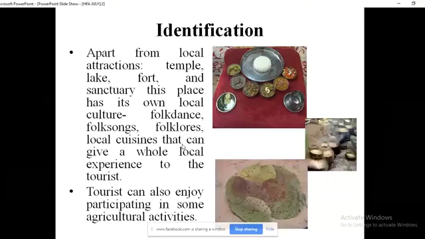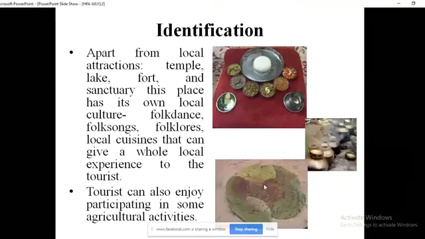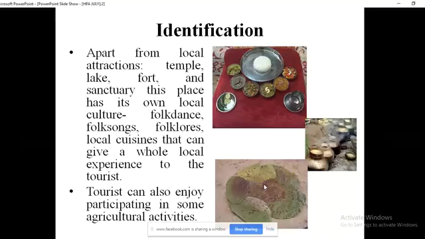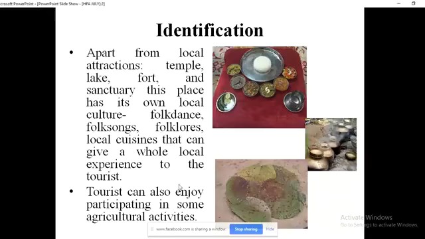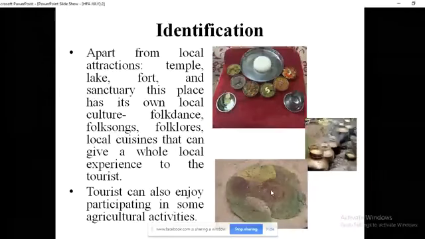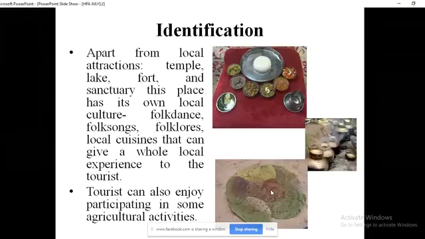For example, we have this leaf-made, very traditional and very indigenous plate, that is used to serve on the occasions of festivals. Feast is served on this plate that is made up of leaves. This is an example of local culture or local way of living that can be an attraction for others.